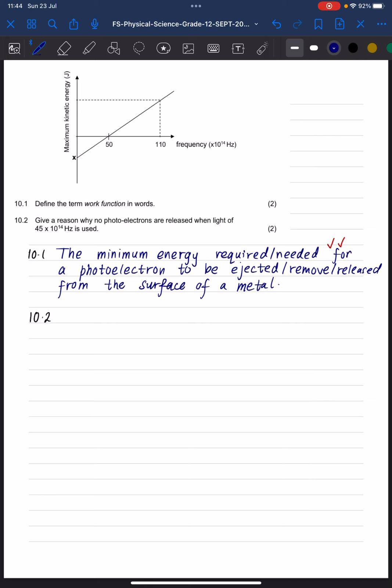10.2. It says give a reason why no photoelectrons are released when light of 4.5 times 10 to the 14 hertz is used. So we talked about this, and there is an analogy that we can use for this in terms of maybe suitability for a job or something like that. But I'm not going to get into the analogies. I'm just going to break it down into 3 different types of scenarios.